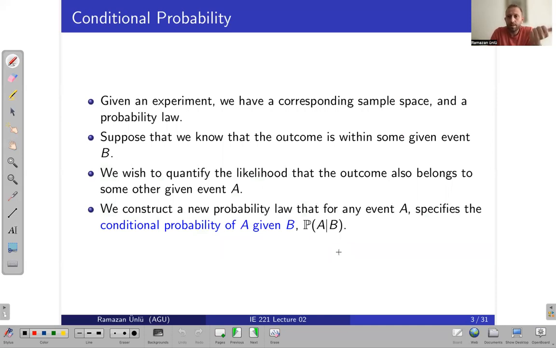Suppose that now we know that the outcome is within some given event B, which is the partial information here.